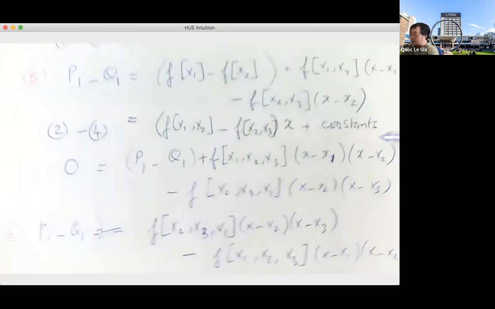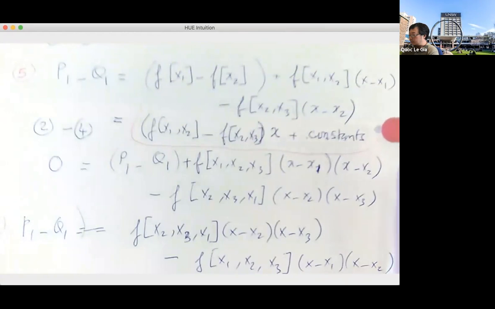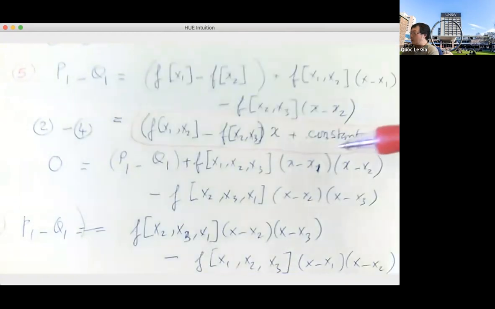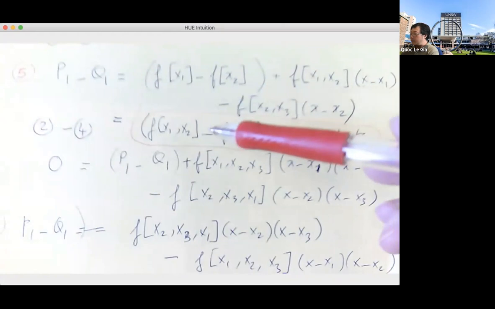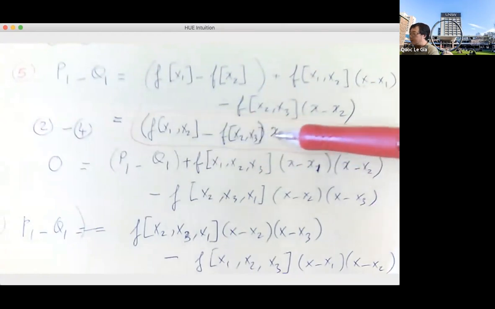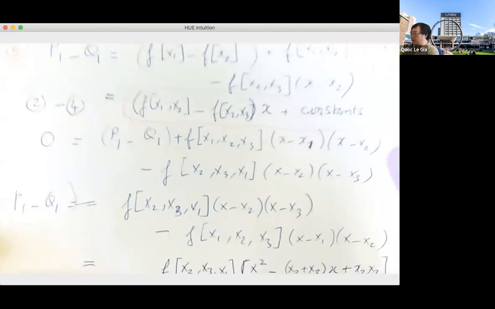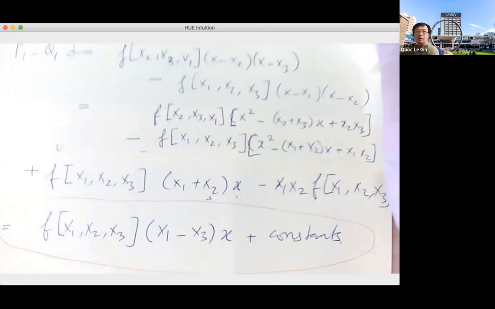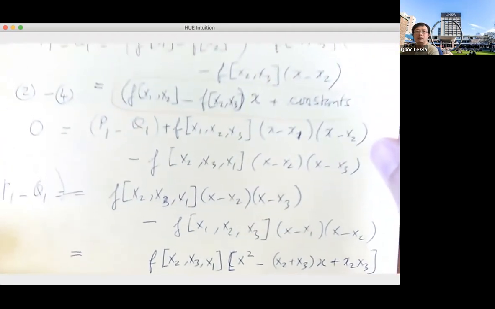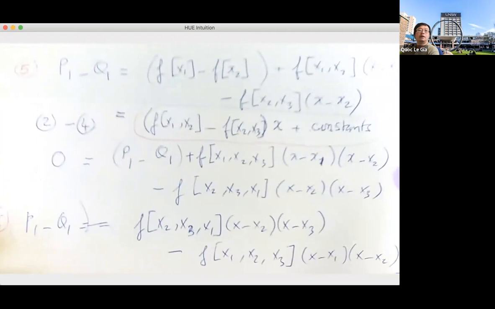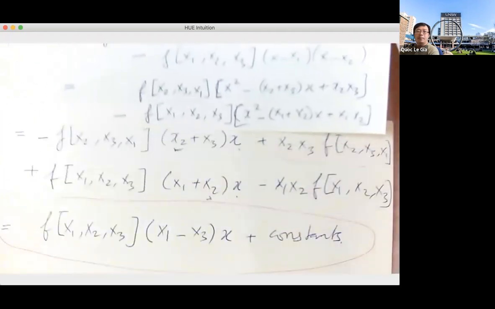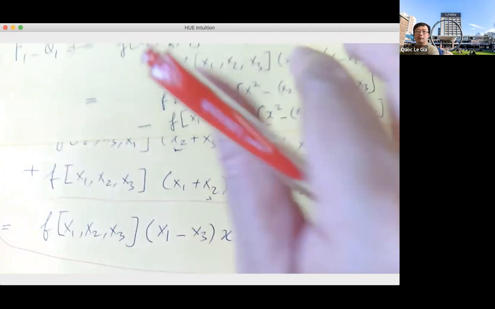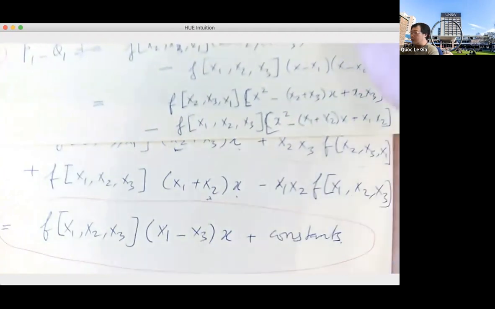You look at this term, you have something for x plus some constant as well. Because p1 minus q1 are the same polynomial, the coefficient for x has to be identical. So you make a conclusion that the red box after 5 is the same as the red box after 6, at least the coefficient.